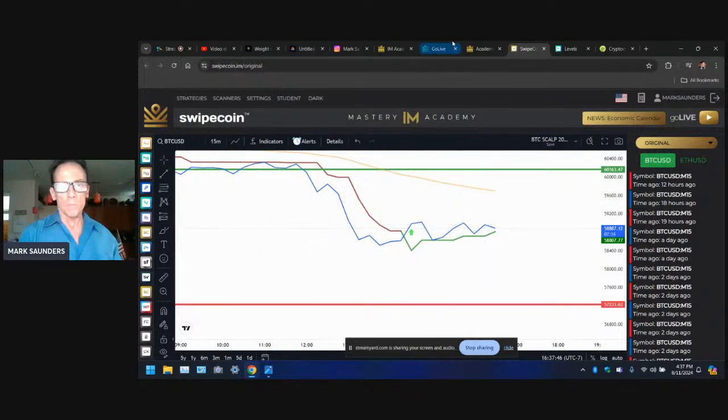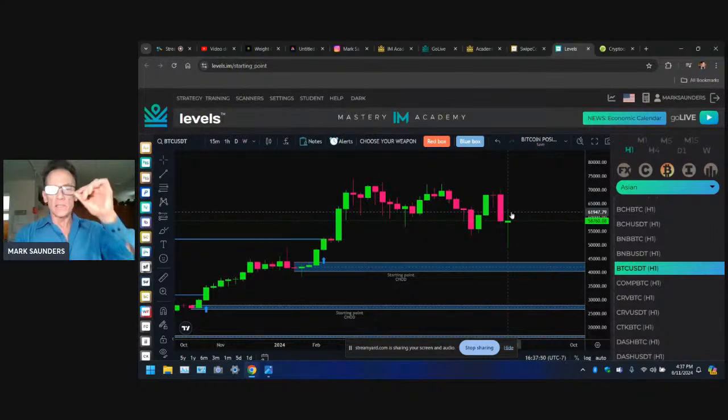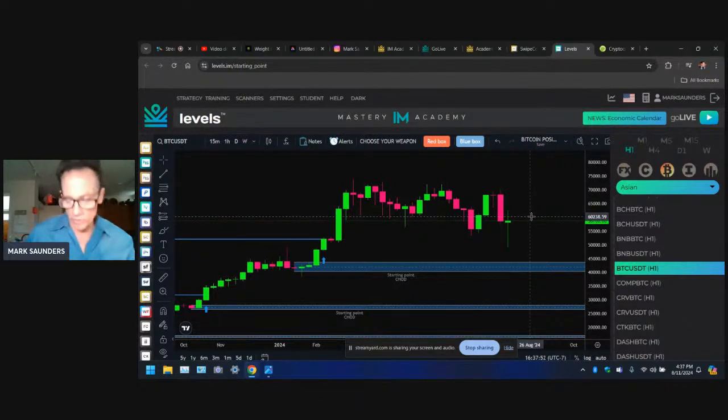This is a look at it on the weekly time frame, which is really zoomed out, looking at the big picture of Bitcoin. Each one of those is called a candle, and each one represents 1 week.